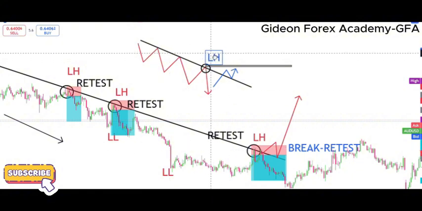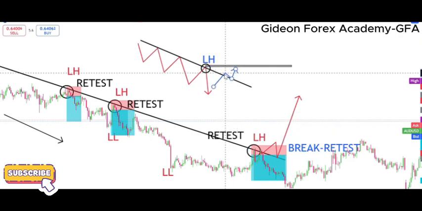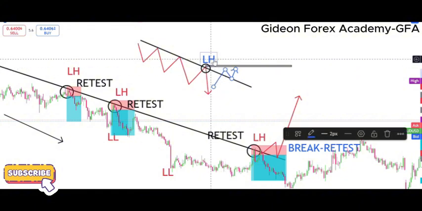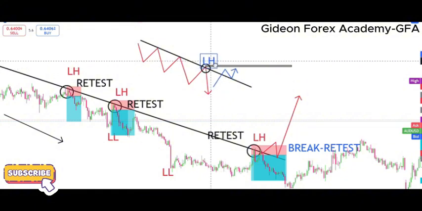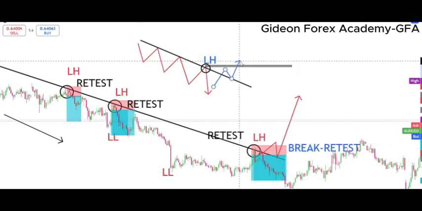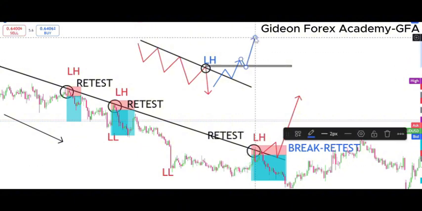Even if the price has broken above the trend line, do not buy. Wait for the price to break the most recent lower high, which is this one over here. Once the price breaks that lower high, you wait at that lower high for a confirmation to buy.